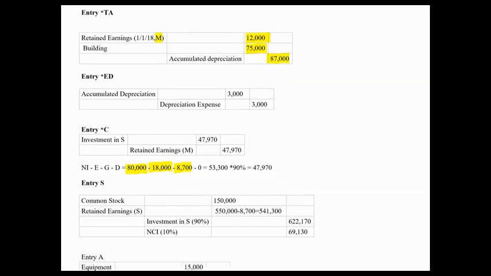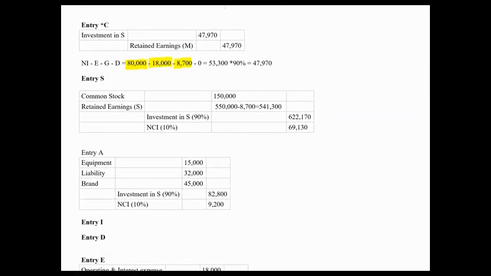Okay, because this is an upstream transfer, this deferred gross profit is related to the investment from the subsidiary. And then the last is to minus what would be the investment income if the parent is using the initial value method, which is actually the dividend declared.